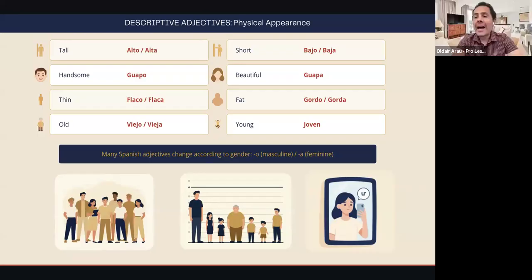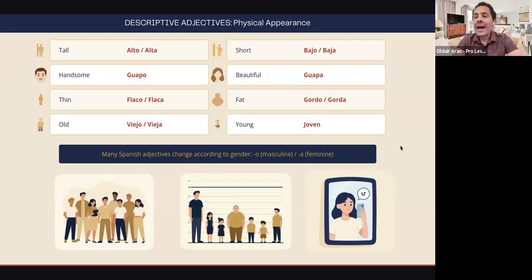Spanish adjectives also change with gender, and quantity. All right, so here we go. Tall, alto, and tall, woman, alta. Next one. Handsome, guapo, and guapa. Thin, flaco, and flaca.